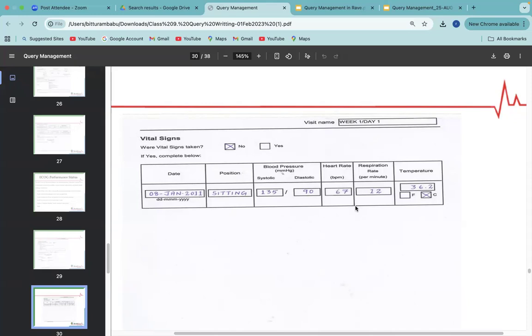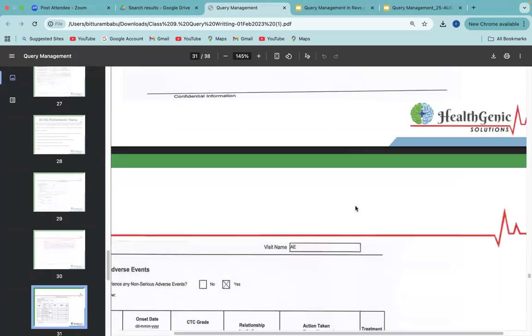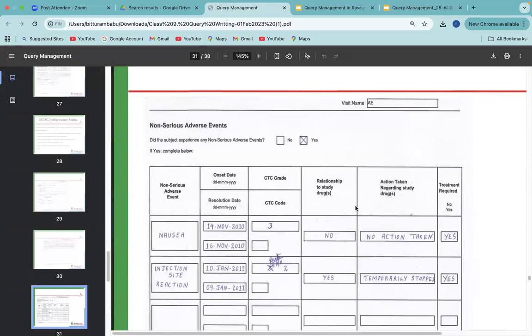That's how it is. So now here we said the vital signs no, but they mention the results, right? So the mistake is they're supposed to keep it as no. Good. Any mistake here?